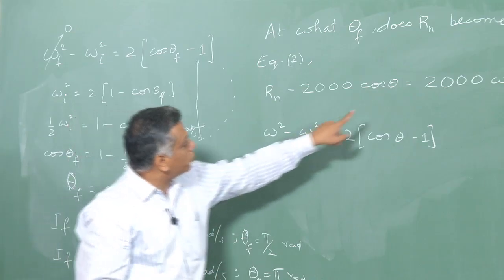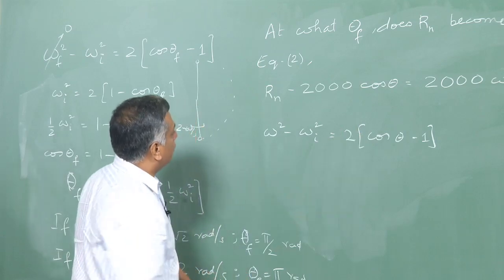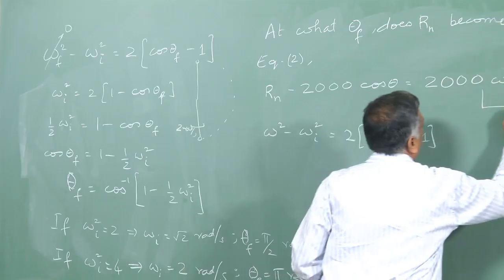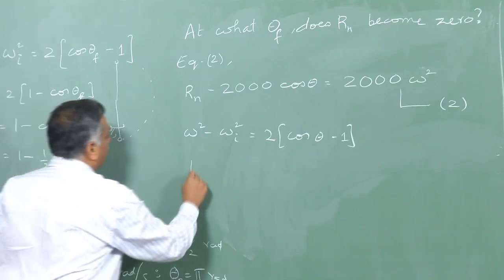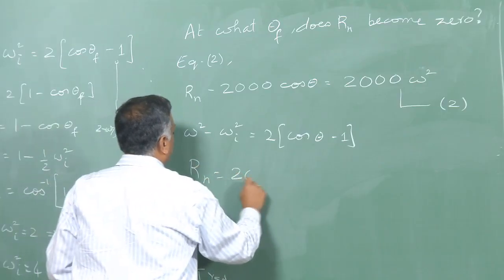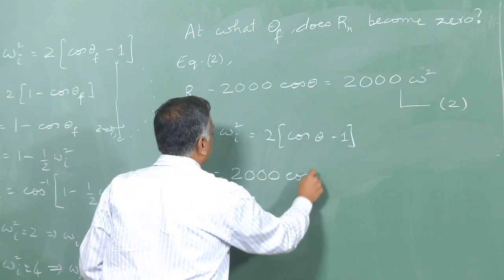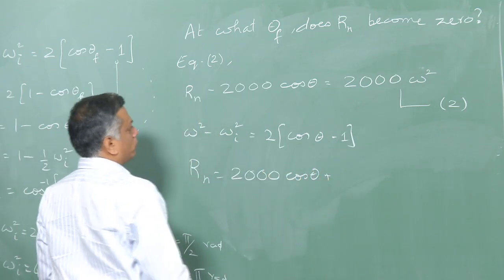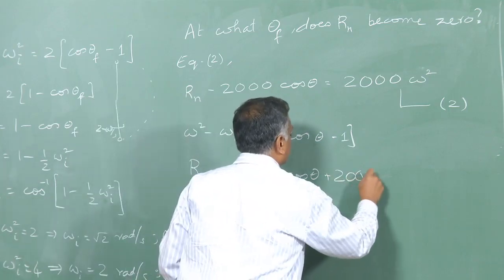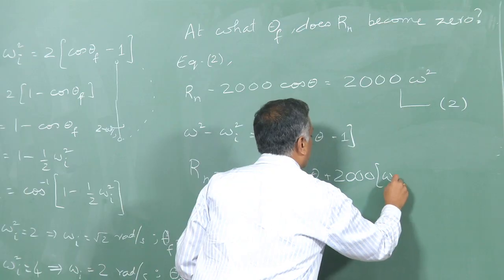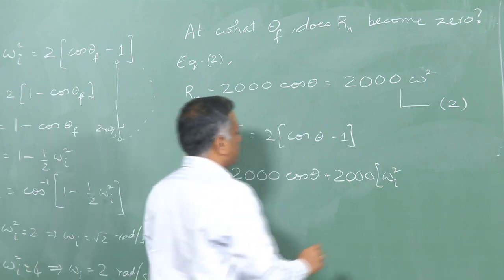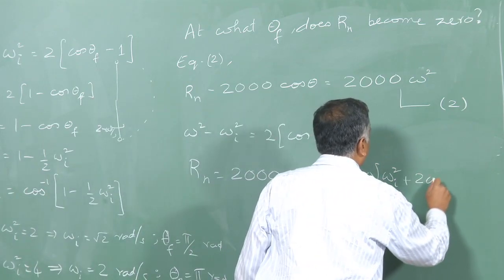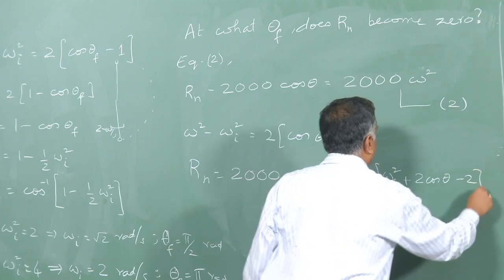If I now substitute this in equation 2, Rn equals 2000 cosine theta plus 2000 times omega I squared, I am going to move this over to the other side, plus 2 cosine theta minus 2.